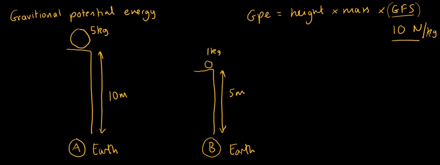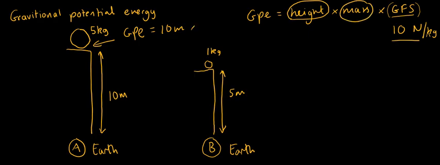Okay, so then we can go about trying to calculate the gravitational potential energy for the boulder in situation A. So what I'm going to do is my height, which is going to be 10 meters, times my mass, which is 5 kilograms, and then times my gravitational field strength, which on Earth is 10 newtons.